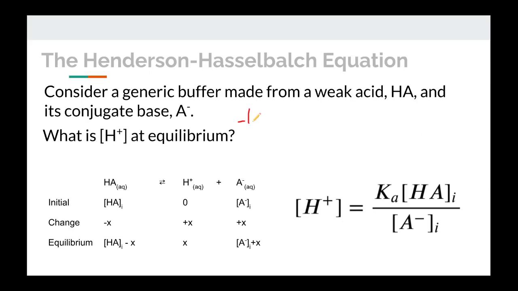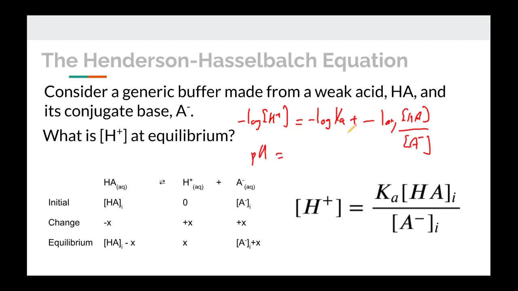On the left-hand side, we've got minus log H plus concentration. On the right-hand side, we're going to have minus log of Ka plus minus log of HA concentration over A minus concentration. The minus log of H plus, that's pH.